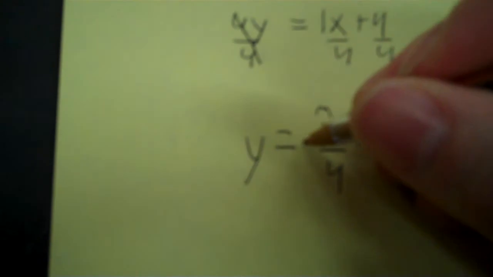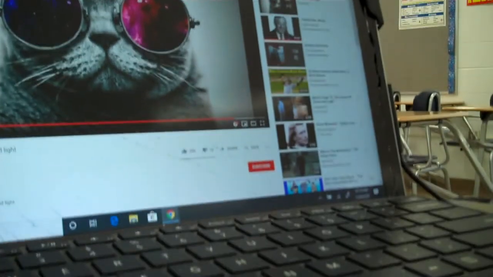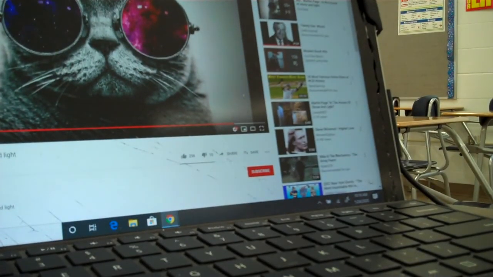So my b is plus 1. And then I go up 1, forward 4. Okay, then in my second line I have a b of negative 3, so that's like the beginning, okay?